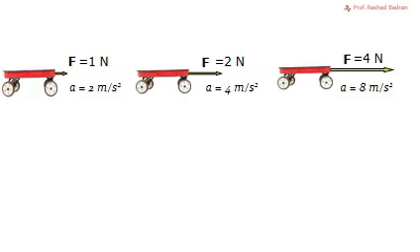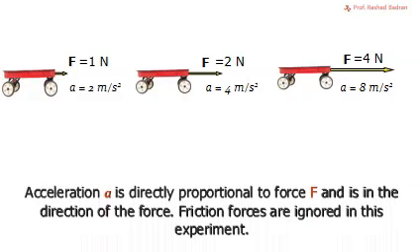Now if you double the previous force, instead of 2 we get 4 Newton, we expect to get an acceleration of 8 meters per second square for the same cart. Again, the acceleration is directly proportional to the force, and it is in the same direction of the force. In all these cases, friction forces are neglected.